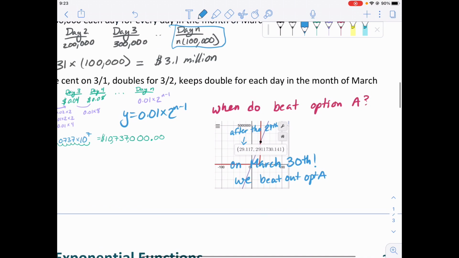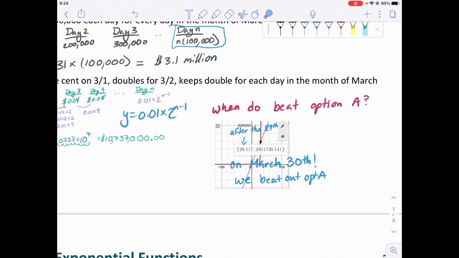But remember, option A was $3 million, and we ended up with 10 million, 3 times that. Does that make sense? Yeah, it kind of does, because we beat it out on the 30th, and then we have one more day, so we're definitely going to double. And on the 30th, we're already way past 3.1 million. And so it's that last day that makes all of the difference here.